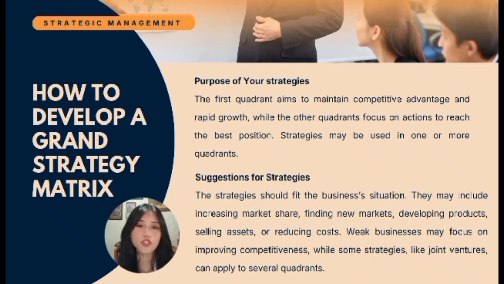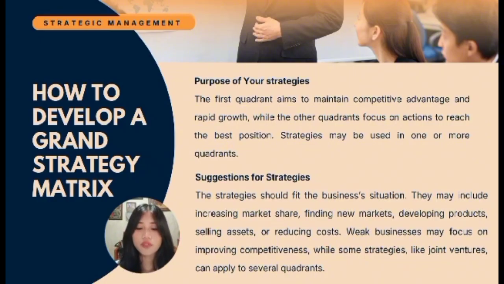Purpose of the strategies. So the main purpose of the Grand Strategy Matrix is to help a company determine what needs to be done based on the situation. Like for quadrant 1, the goal here is to maintain the competitive advantage and the rapid growth.